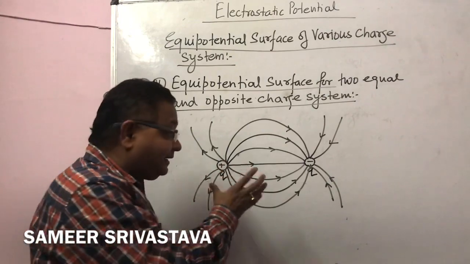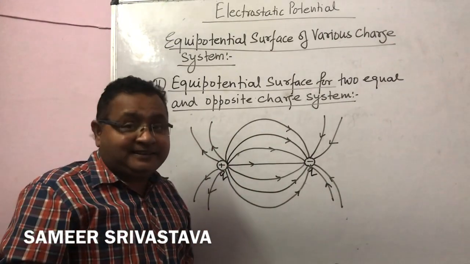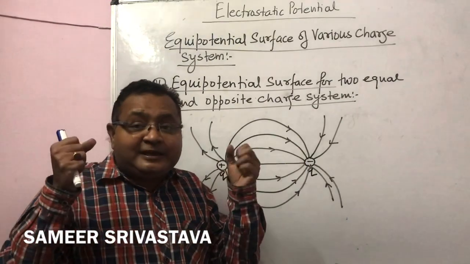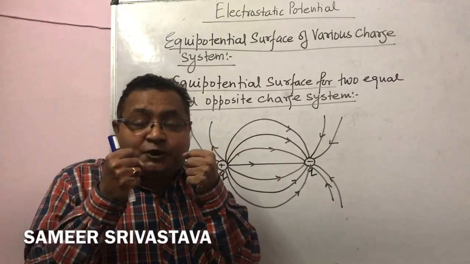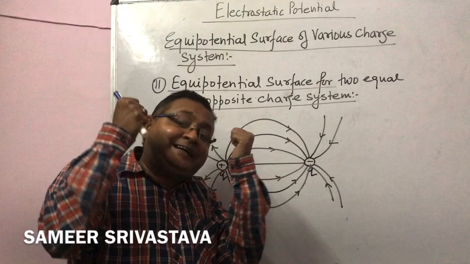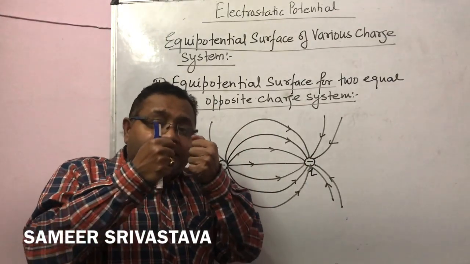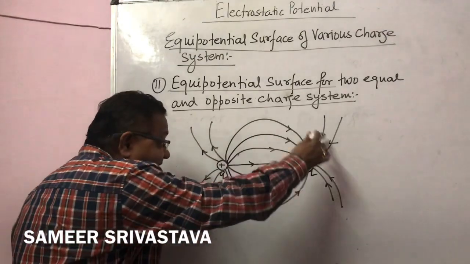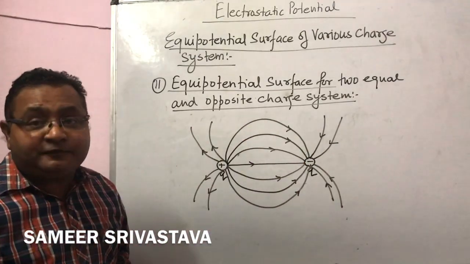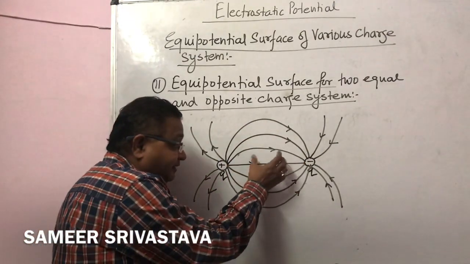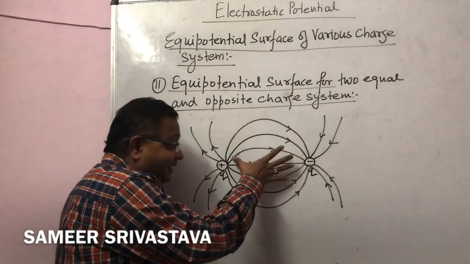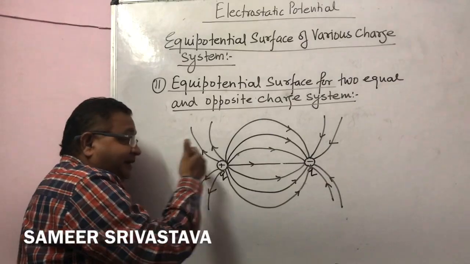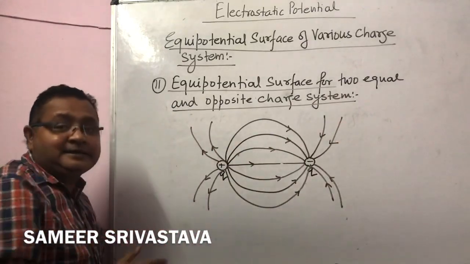But here we take a third property, and the third property says for a strong electric field, the equipotential surfaces are closer, and for a weak electric field, the equipotential surfaces are farther apart. In between these two charges, the electric field is strong, and here the value of the electric field is weak.